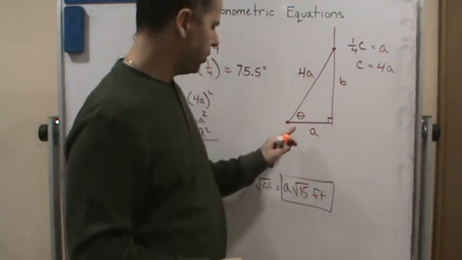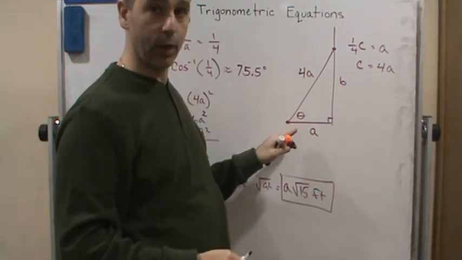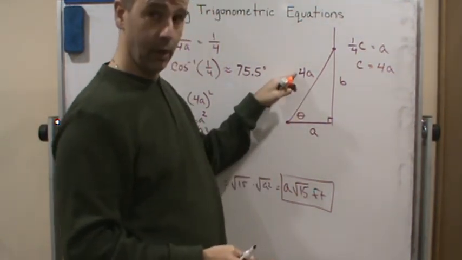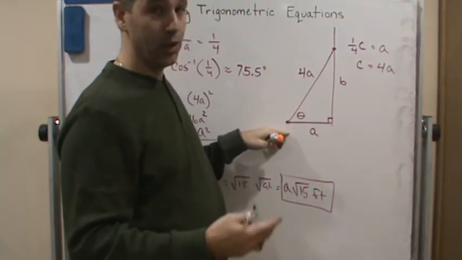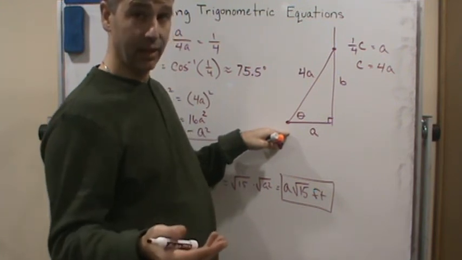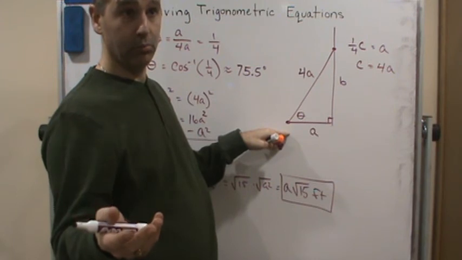Because the OSHA regulation says, hey, whatever the length of the ladder is, you can measure that. If it's a 24-foot ladder, then all you have to do is take 1/4 of that 24-foot ladder.